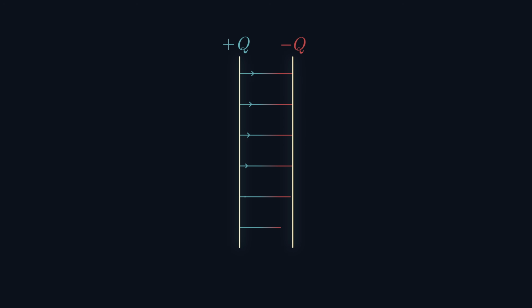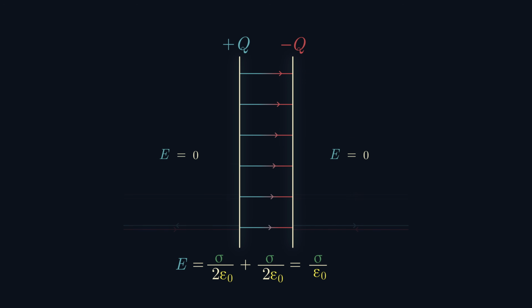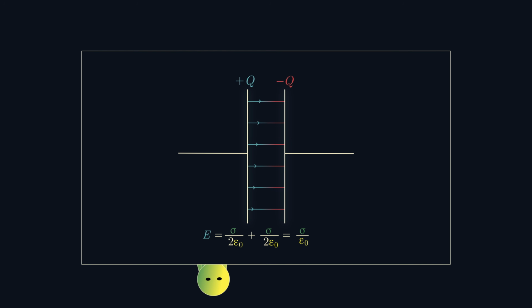You may recognise if we have two metal plates of opposite charge, the electric fields will constructively interfere between the two metal plates, giving E equals sigma over epsilon naught, and will destructively interfere outside the two metal plates, giving E equals 0. Not only can we create a region in space with a uniform electric field, but we've effectively built ourselves a parallel plate capacitor. It's always much more satisfying to understand why something is true than to just be told that it's true.